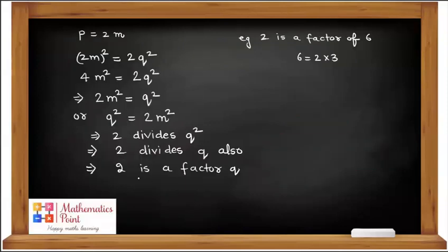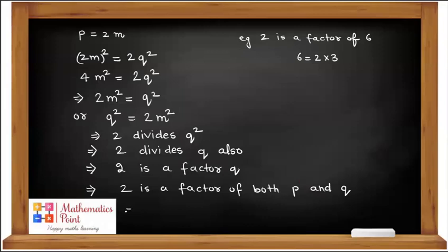And here we are getting 2 is a factor of Q. It means that 2 is a factor of both P and Q. It means to say that P and Q are not co-prime.